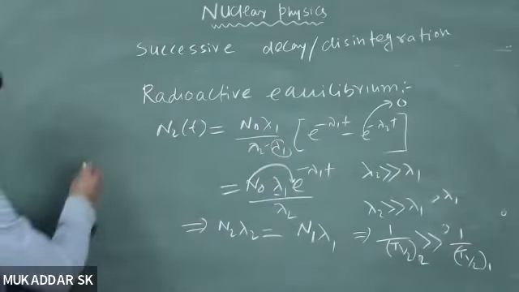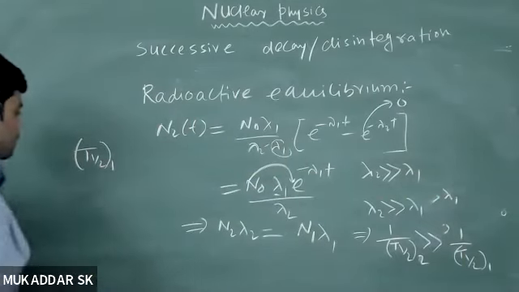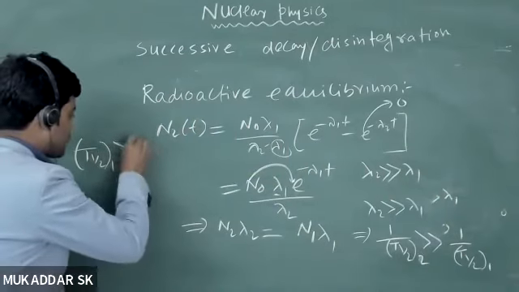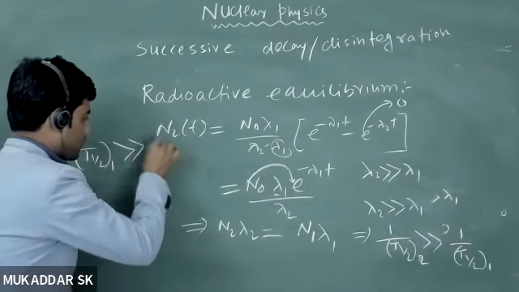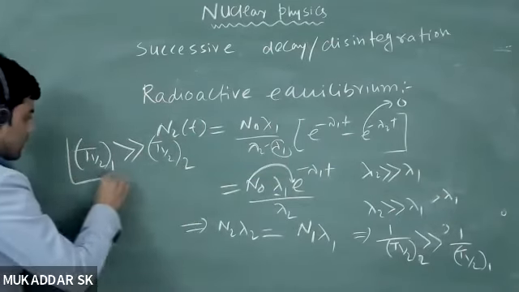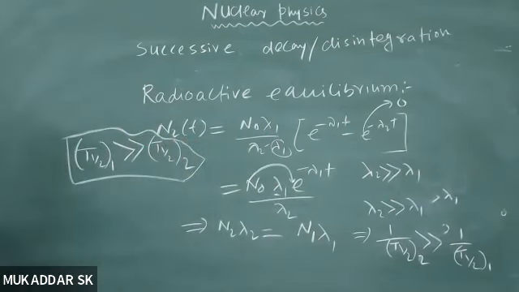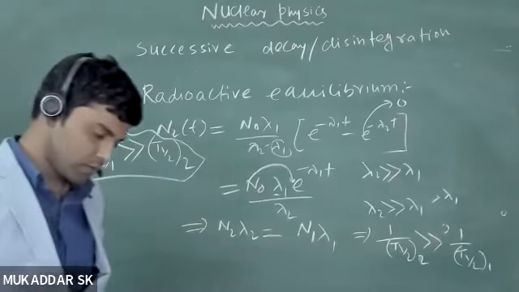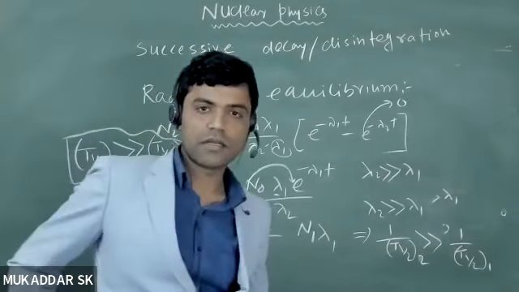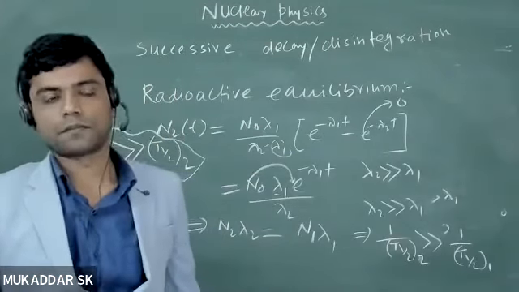It means the half life of A nuclei noted by 1 is much greater than half life of B nuclei. Then in that condition I'll get secular equilibrium. So secular equilibrium means there's no change of intermediate nuclei with respect to time.